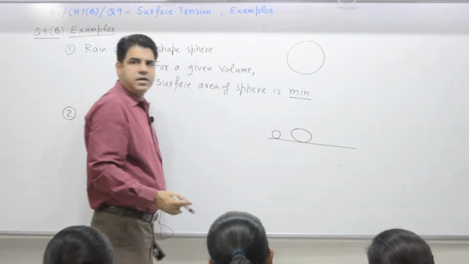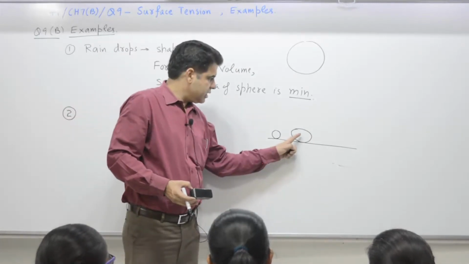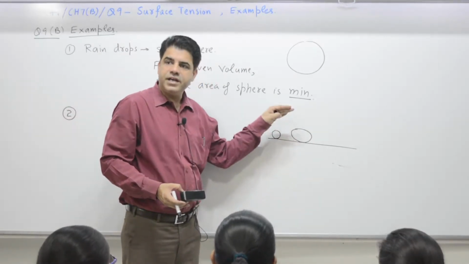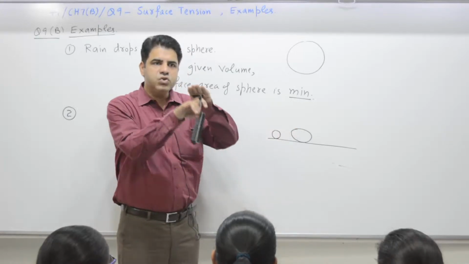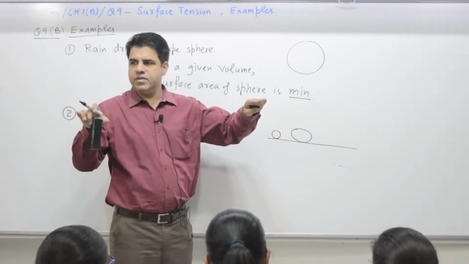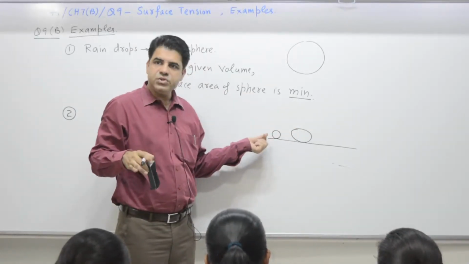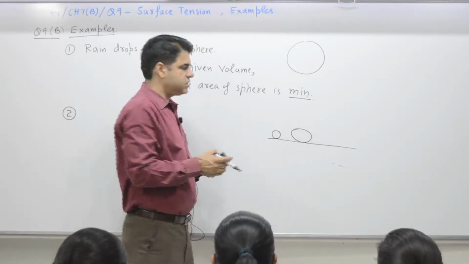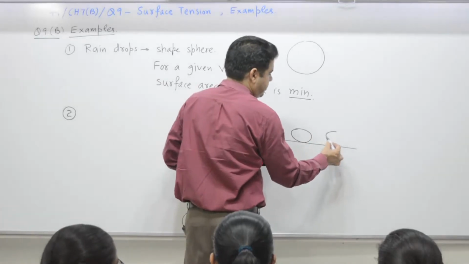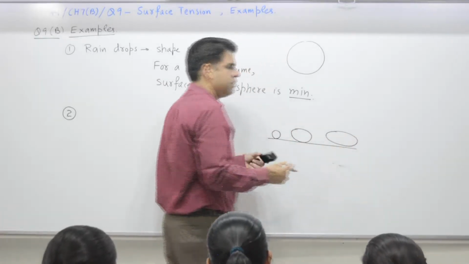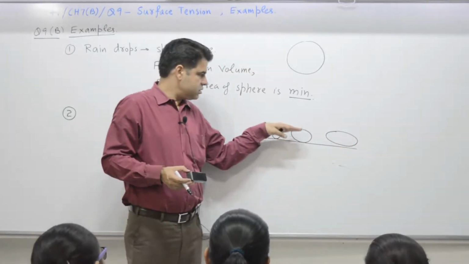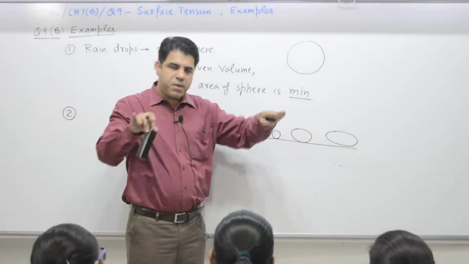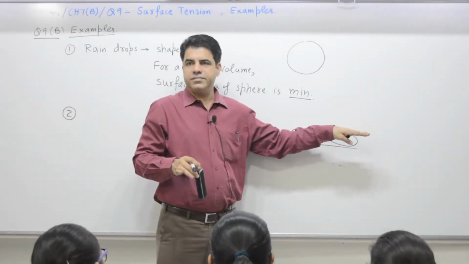Oval, you can say. Why? Because of its weight. Gravity tries to make it flat and surface tension tries to keep it a sphere. That is why as the size increases, this shape will keep on changing. It will try to be parallel to the surface, that is, flat.